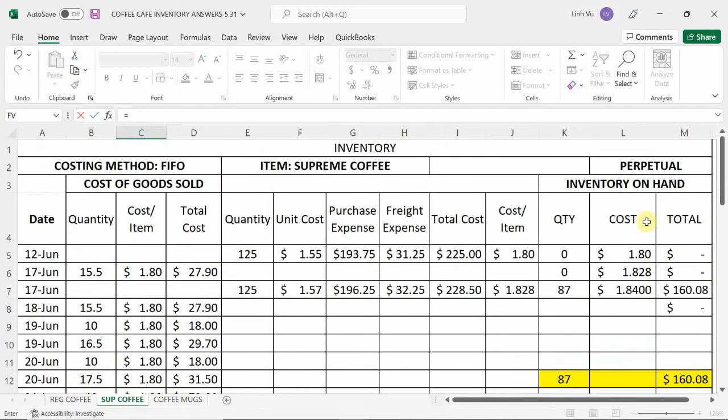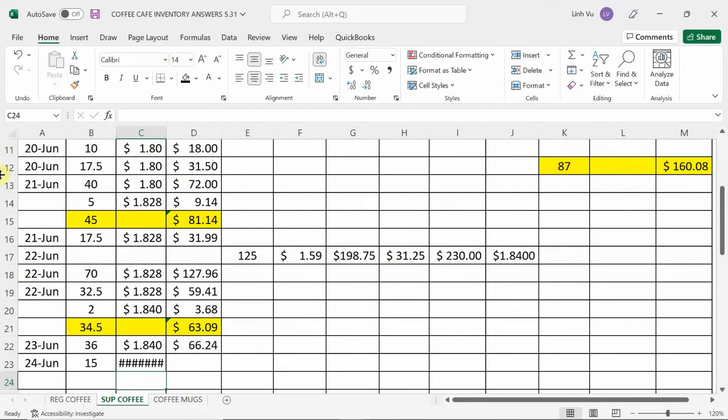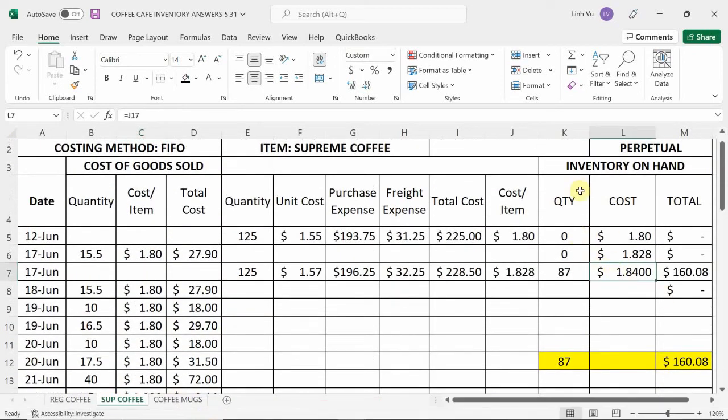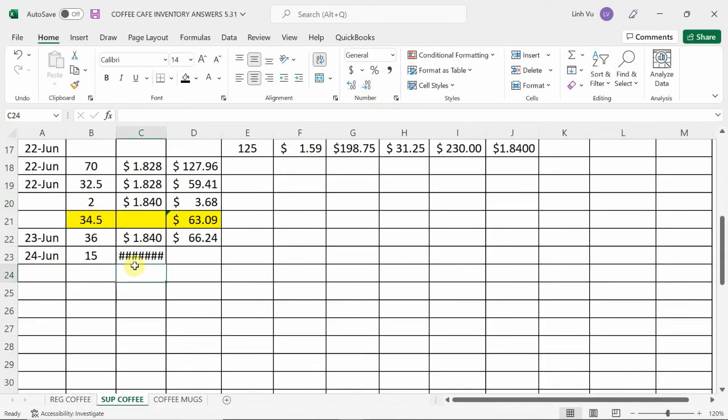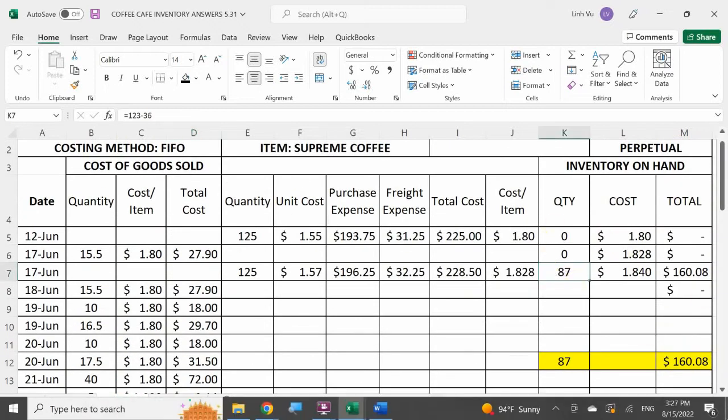Okay. So you have 32.31 for regular, so Supreme. 15 pounds, when we have one batch of inventory at $1.84. So how much is 15 pounds at $1.84? $27.60. Yep, 27.60. Yes. So let's go ahead and update our inventory. So we now have 87 minus 15.